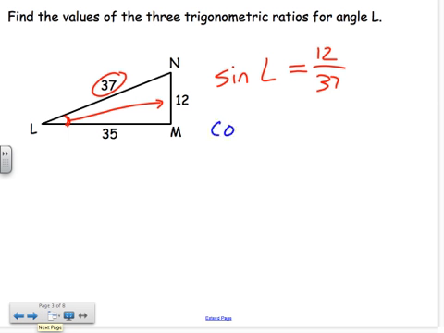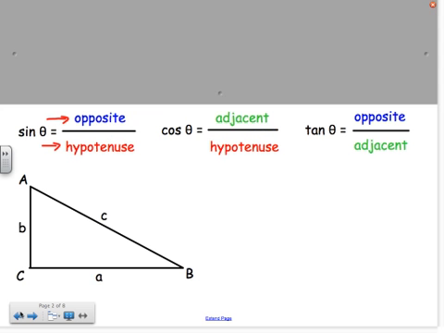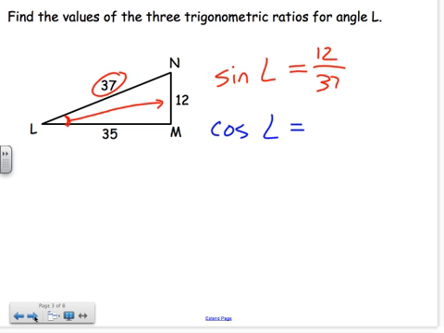Let's find the cosine of L now. Well, if I go back, cosine is adjacent over hypotenuse. So I look at my angle, I'm using angle L. Adjacent is right next to it, so that's 35. Adjacent over hypotenuse. Well, hypotenuse is 37 still. And my last trig ratio is tangent.